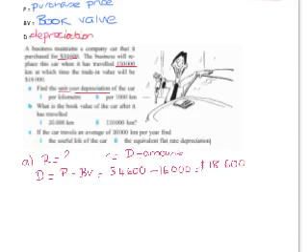The unit cost depreciation is the rate of depreciation, which is 18,600 divided by its use, which was 150,000 kilometres, which works out on our calculator to be 0.124, or 12.4 cents per kilometre.